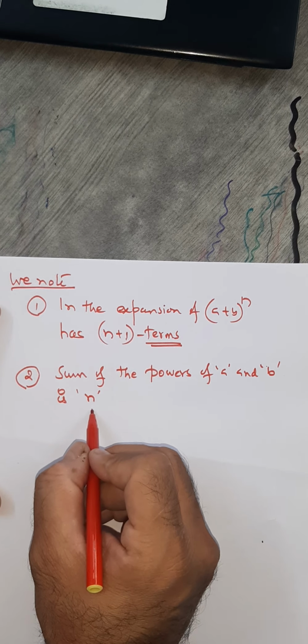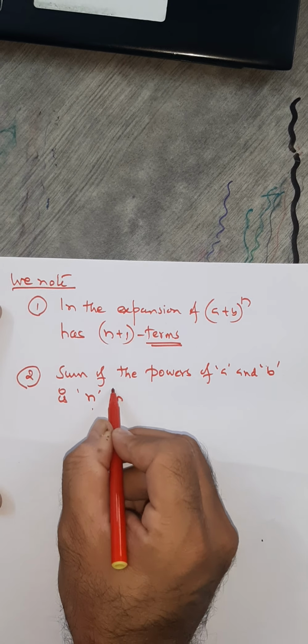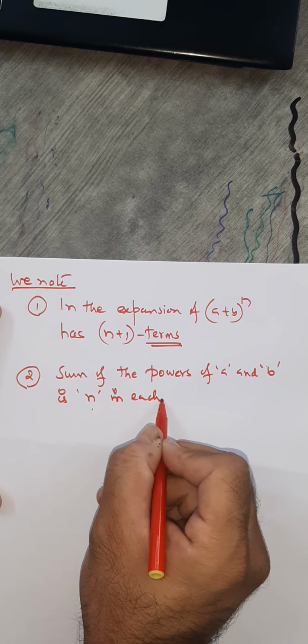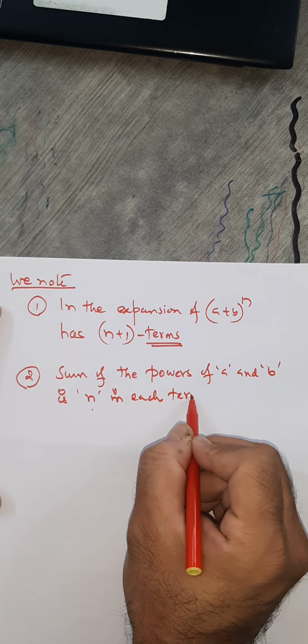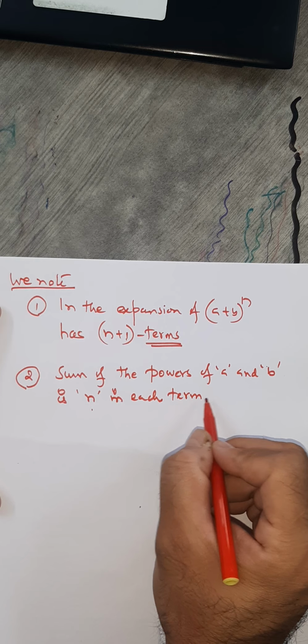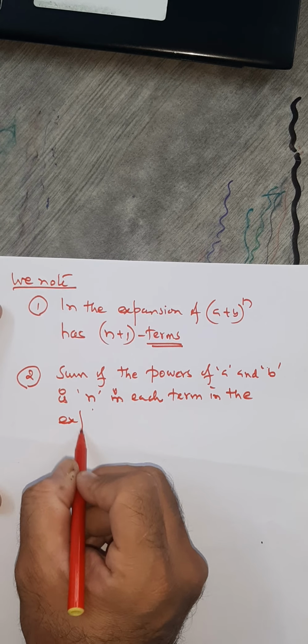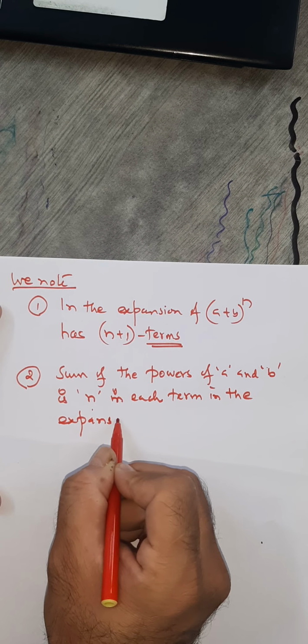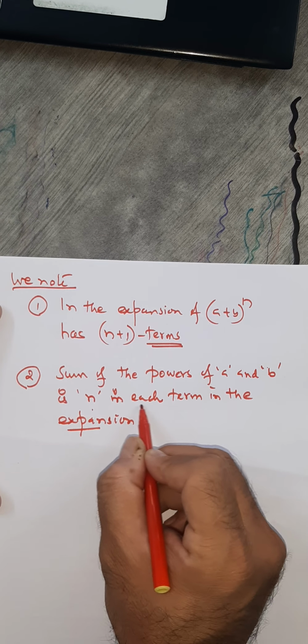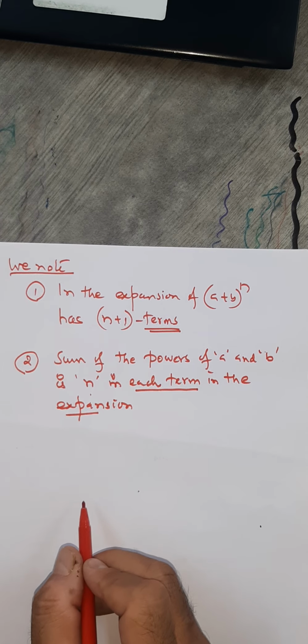If this is 3, then there should be 3 in each term in the expansion, remember, each term in the expansion. That is another observation. In each term the power will be that n only, remember.